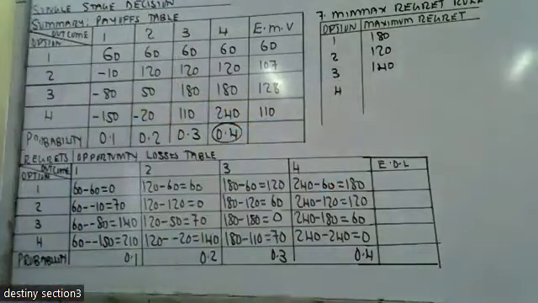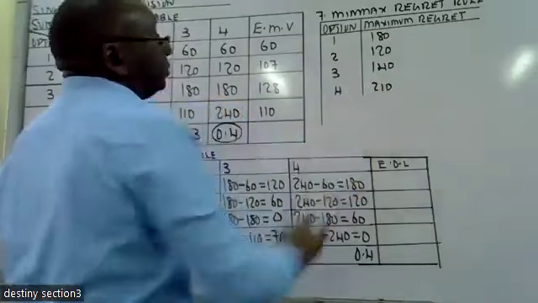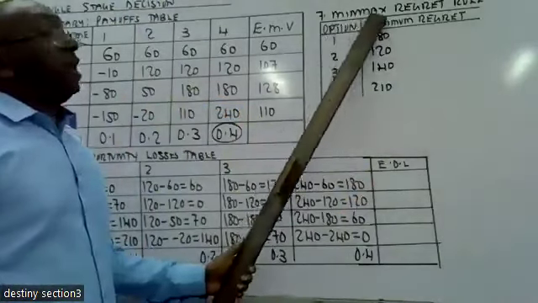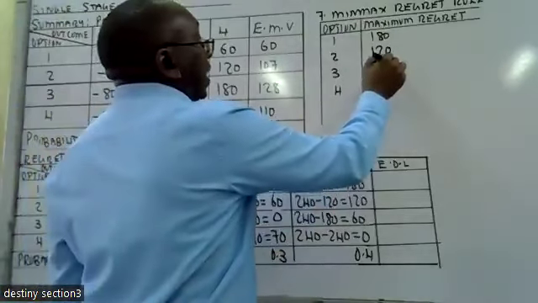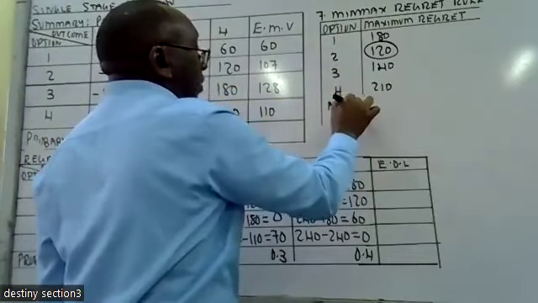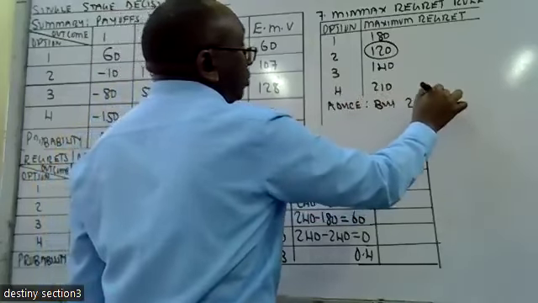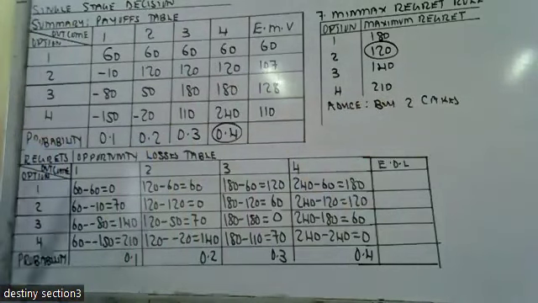Option 4, the maximum is 210. So this rule says, select the minimum of the maximums. So the minimum of the maximums is 120. So you advise them to buy 2 kits.